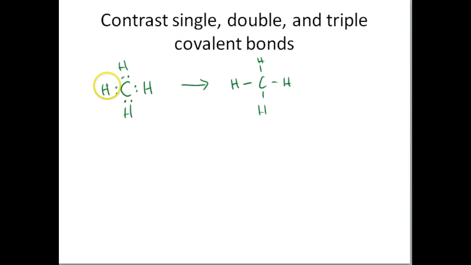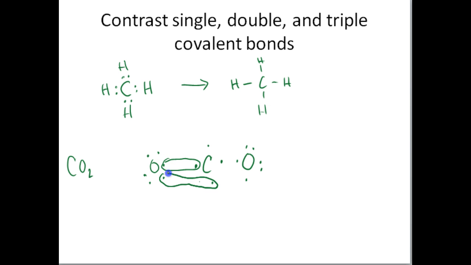Now with something like carbon dioxide, carbon has 4 valence electrons and oxygen has 6 valence electrons. So the formula is CO2, so we know that there's 2 oxygen for each carbon. And what ends up happening here is that you'll actually get 2 pairs being shared.